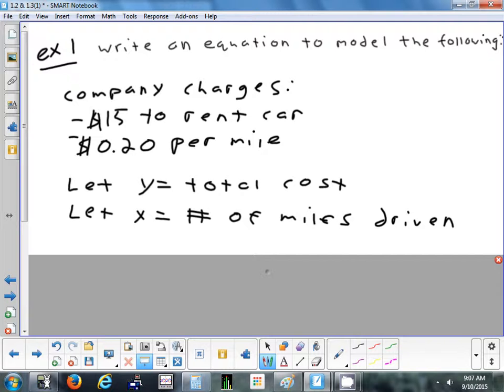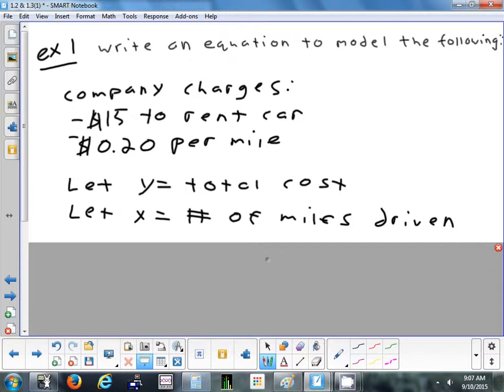Now there's a reason I let Y be cost and I let X be miles. Another name for your X and Y variables are independent and dependent. So what you have to do is figure out which variable controls the other. In this case, the cost is dependent on how many miles you drive, not the other way around.